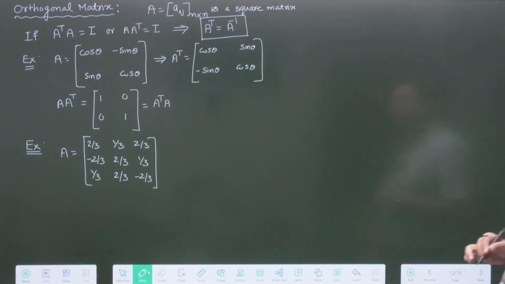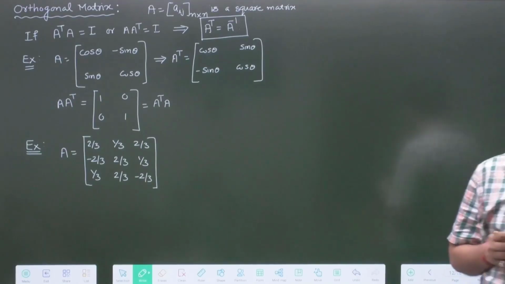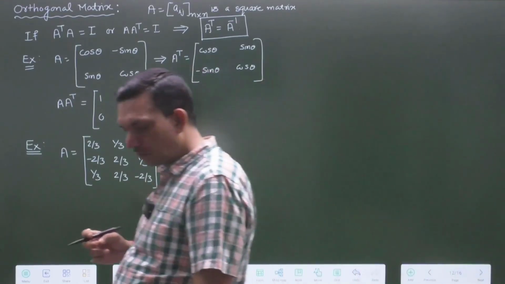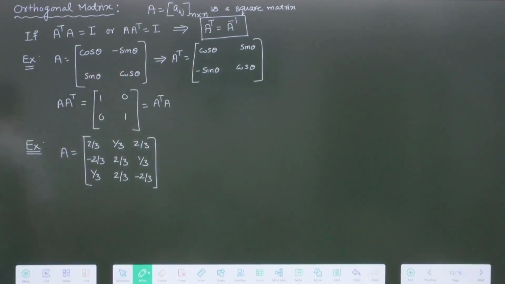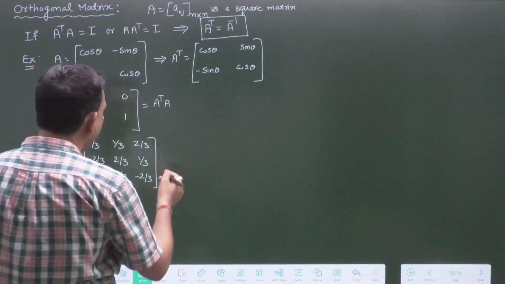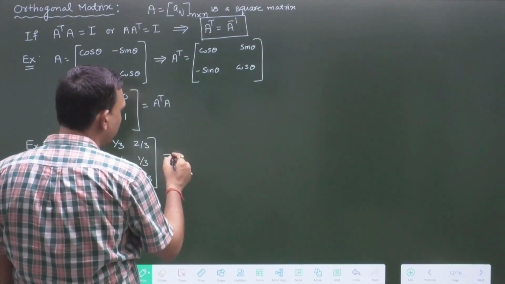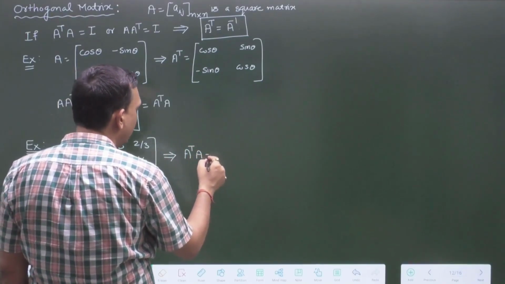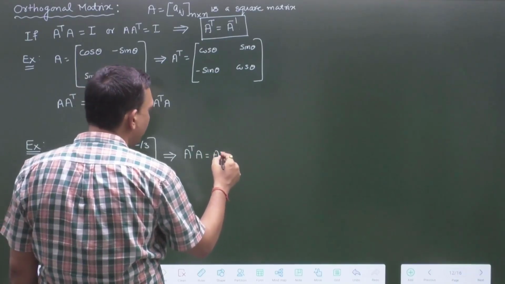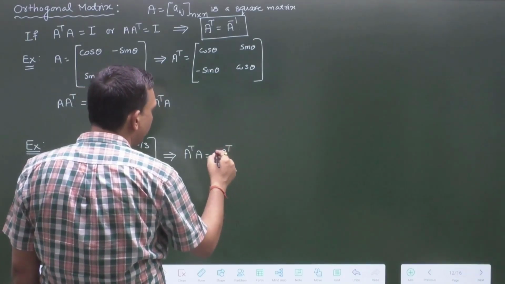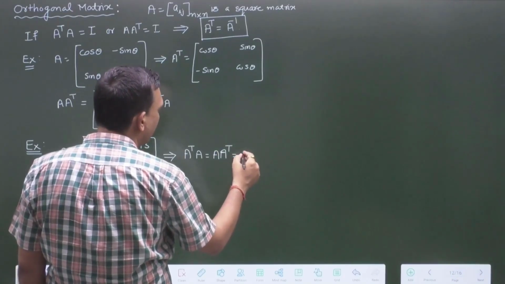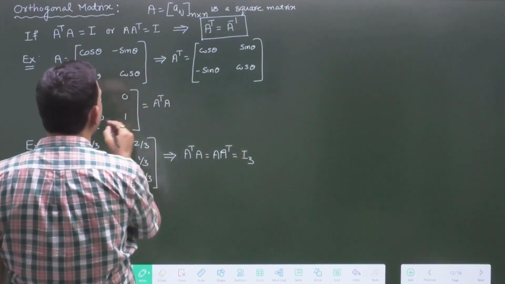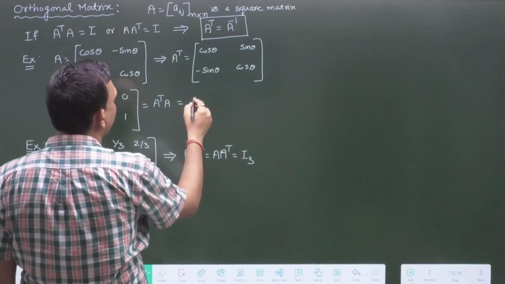Again, you can verify this condition. If you verify it, you will get the same condition. So you can easily verify that A transpose A is the identity matrix, the 3 cross 3 identity matrix in this case, and the 2 cross 2 identity matrix in the previous example.